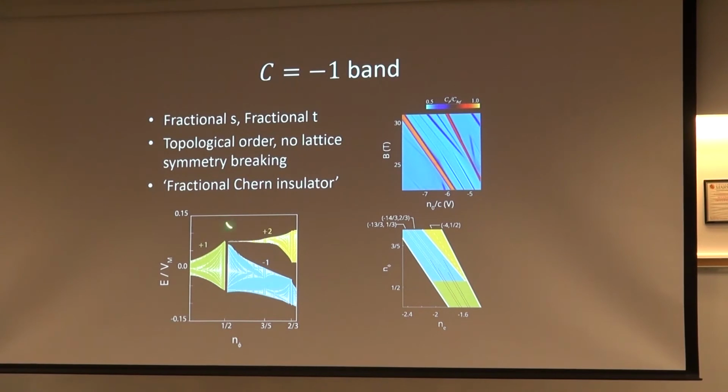Okay, another example. This is in a Chern -1 band. This is actually this Chern -1 band here that happens above half a flux quantum. You can see that this is actually a Landau level down here, and you have fractional quantum Hall states. Then there's this Chern -1 band that's narrowing up there, and you again have what look a lot like fractional quantum Hall states.